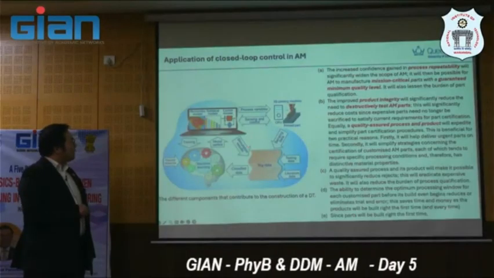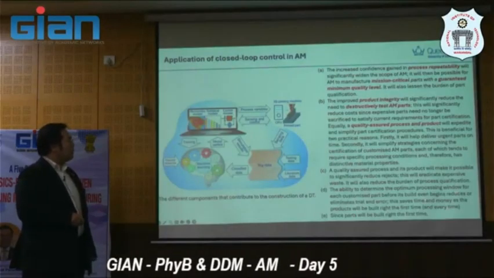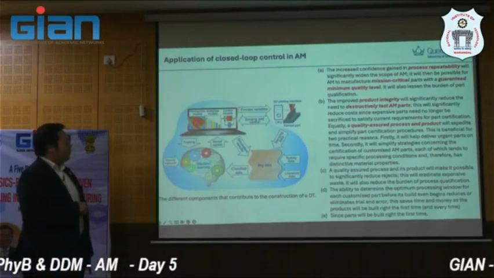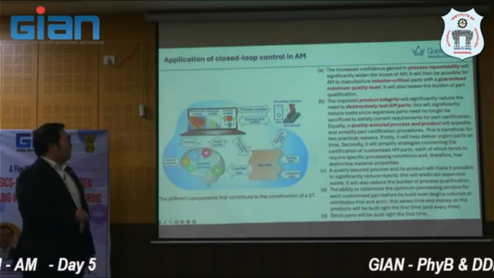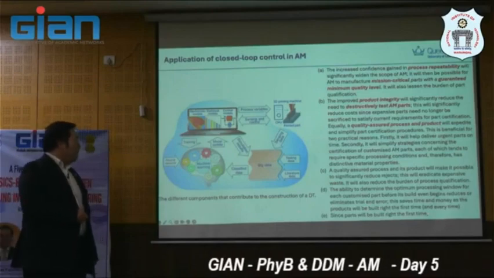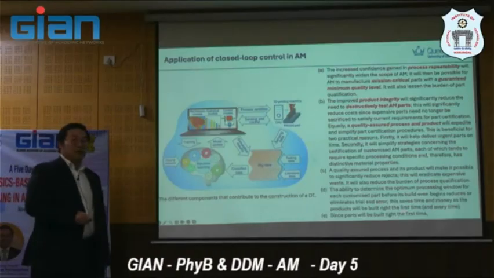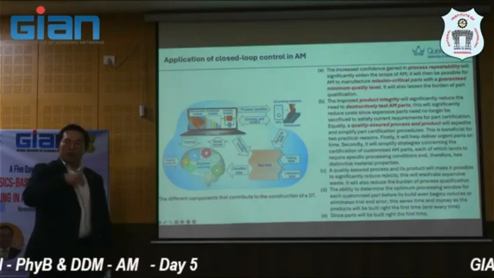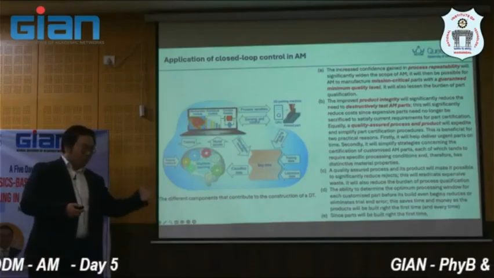So the ability to determine optimum process conditions. Again, that's what we have been talking about, the brain of this digital model here, to eliminate trial and error experimentation. And we'll build this right first time and every time, because every time you do it, it will be right first time for that condition.